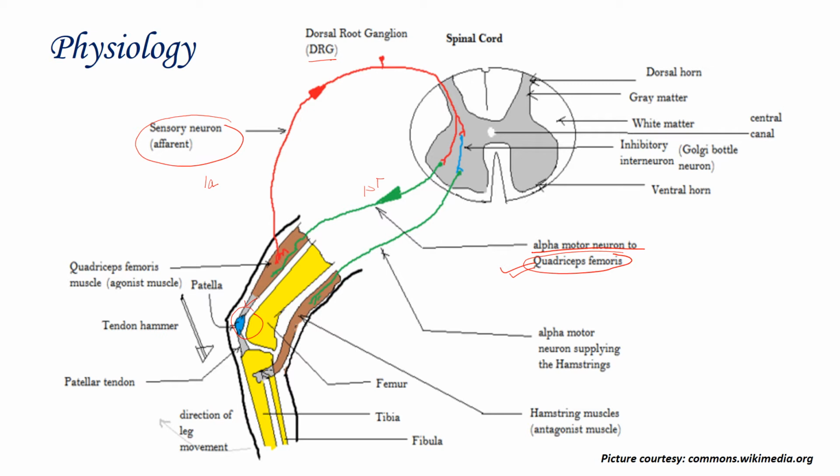The second one first synapses with the inhibitory interneuron, which is shown in blue in this diagram, and then it synapses with the alpha motor neuron of the antagonist muscle. This antagonist muscle in this case is the hamstring muscle. This antagonist muscle gets relaxed because of the inhibitory impulse which has been transmitted to it. So this is how the stretch reflex acts.